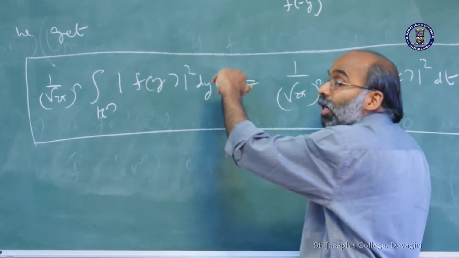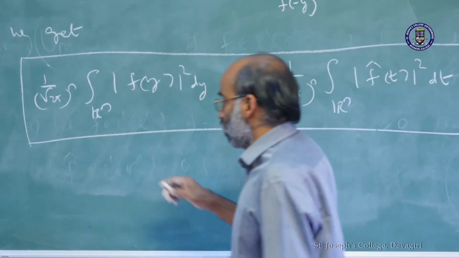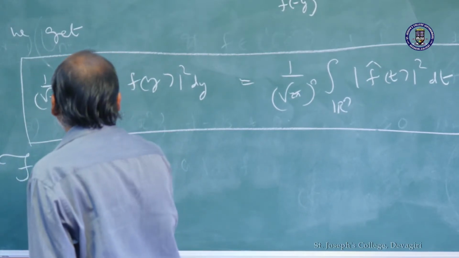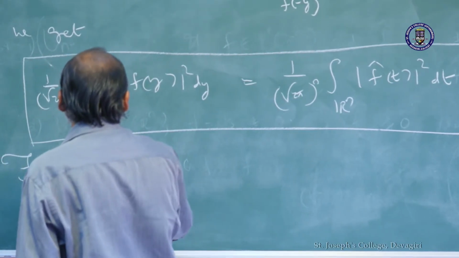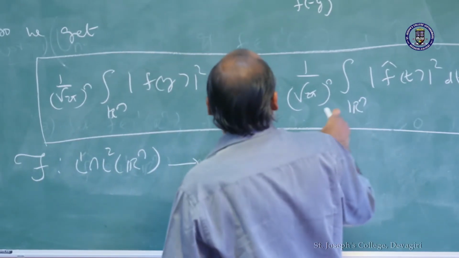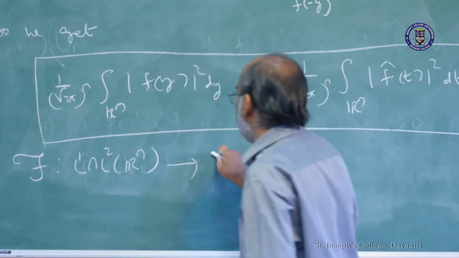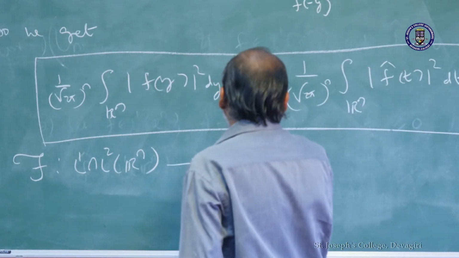So, it extends to an isometry. Now I will write script f from L1 intersection L2 of Rn, which is where we define it. This tells me that I land in L2, because this is finite. So, I go to L2 of Rn as an isometry.